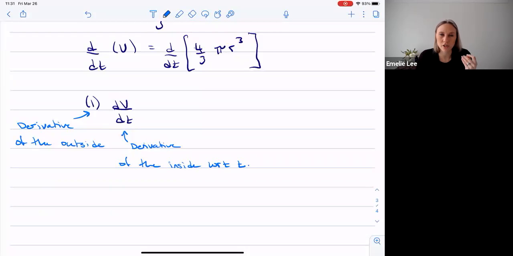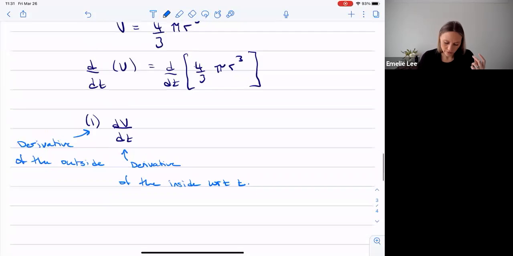Implicit differentiation is just the chain rule, right? If you wanted to skip straight to dV/dt right away, then that's totally fine. I just want to show you, because that's what I'll be doing in the next few examples, where things are coming from.